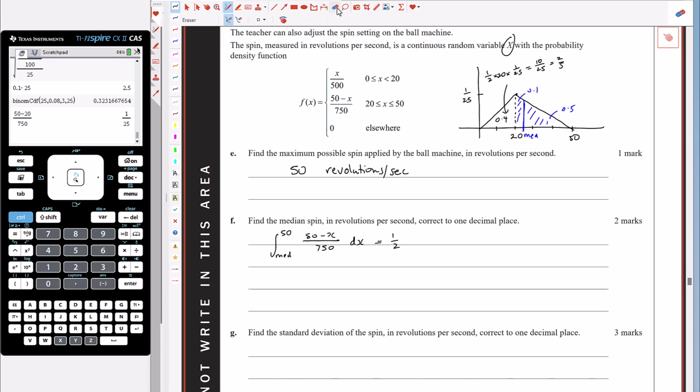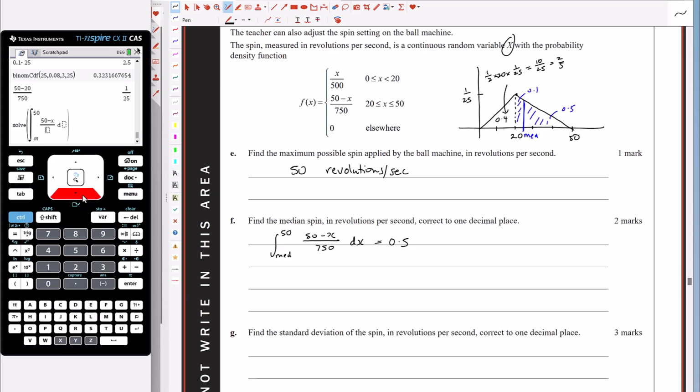That's one decimal place, so we can put 0.5 if we want. So if we solve that integral from the median up to 50 of the second part of the function, that is 50 minus x on 750.